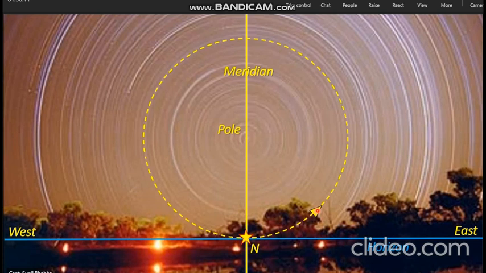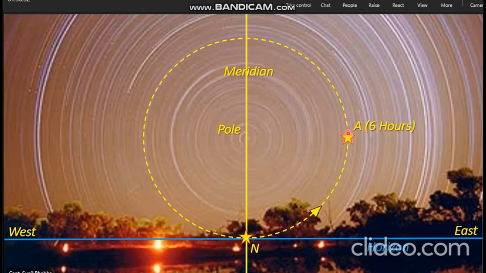And after approximately 6 hours, this is where you will have the gyrostar. You can see it represented by point A in the diagram. So after 6 hours, our gyrostar is going to be at this particular location.